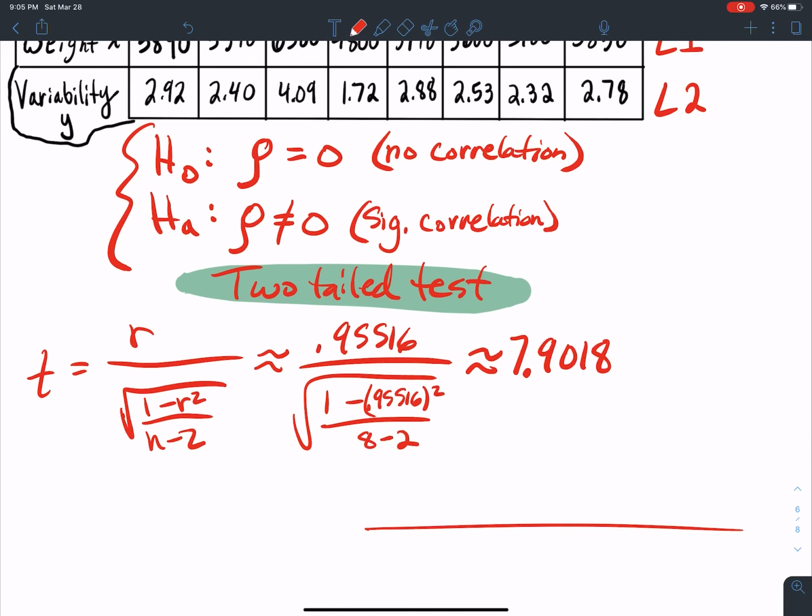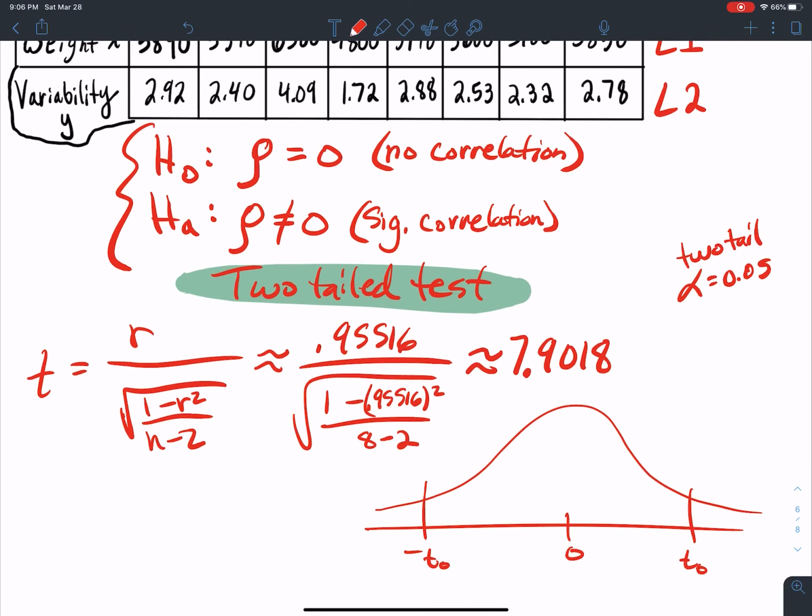Let's see on our graph before I start saying anything. So zero's in the middle. It's a two-tailed test, so I have a negative t-naught and a positive t-naught. My alpha is 0.05. Degrees of freedom is 8 minus 2, that's 6. If I look that up in the t-chart, I get 2.447, so 2.447 and negative 2.447.